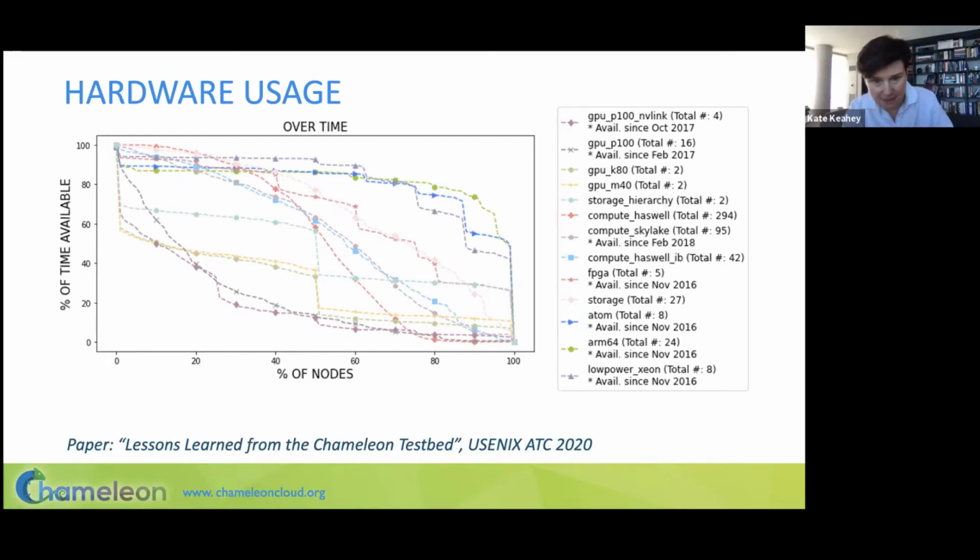Again, from our perspective, an application is when somebody deploys an image, an experiment. In terms of utilization, you're right. Some of it is optimal. This middle line here is optimal. Anything below that line is probably utilized more than we would like.